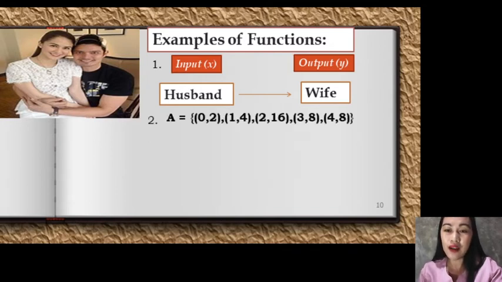Next example, we have set A with the ordered pairs (0, 2), (1, 4), (2, 16), (3, 8), (4, 8).